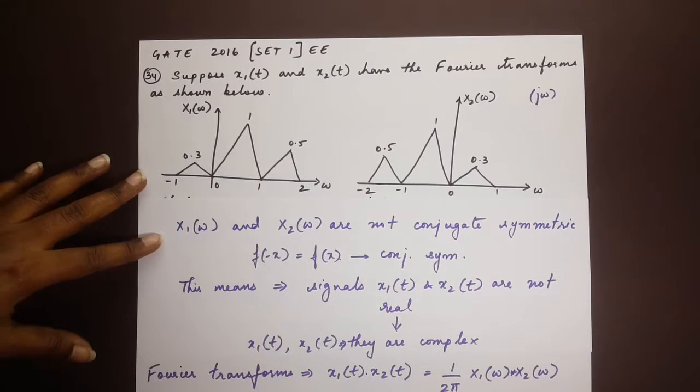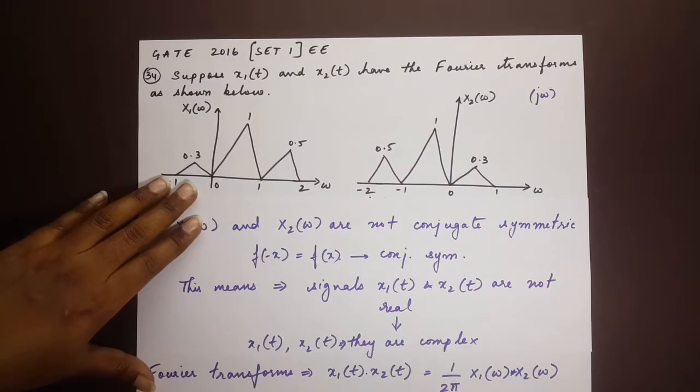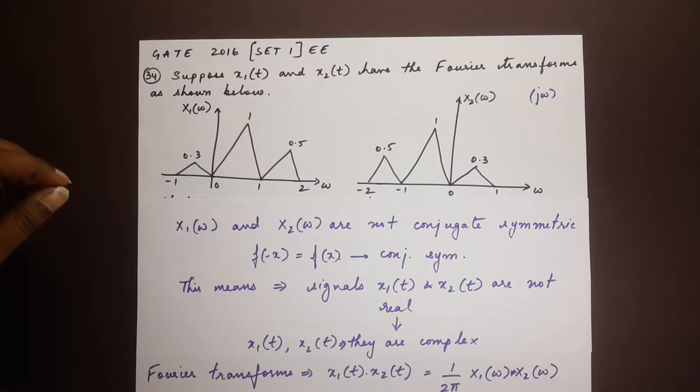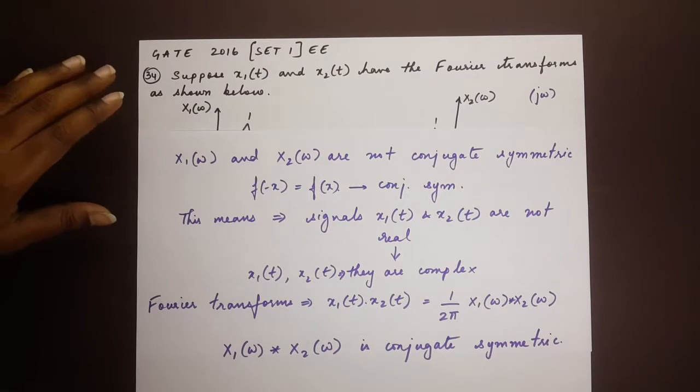Each part, the left hand side and the right hand side, will be symmetric with each other, and that indicates that x1 of omega times x2 of omega, this portion over here, is conjugate symmetric.